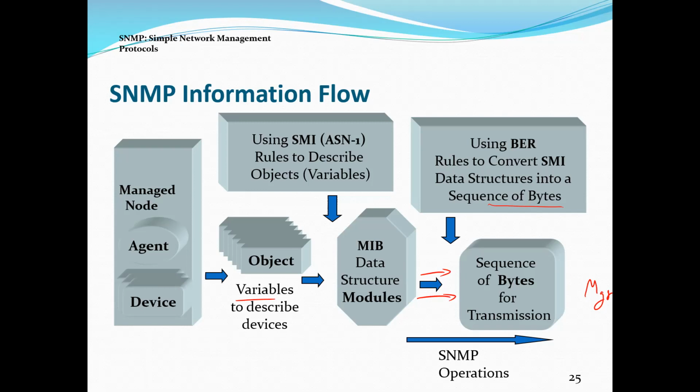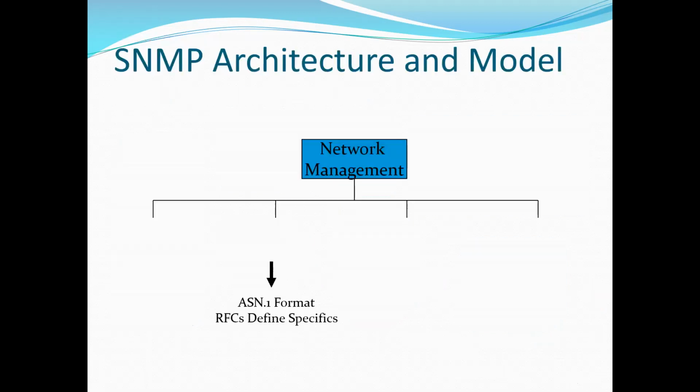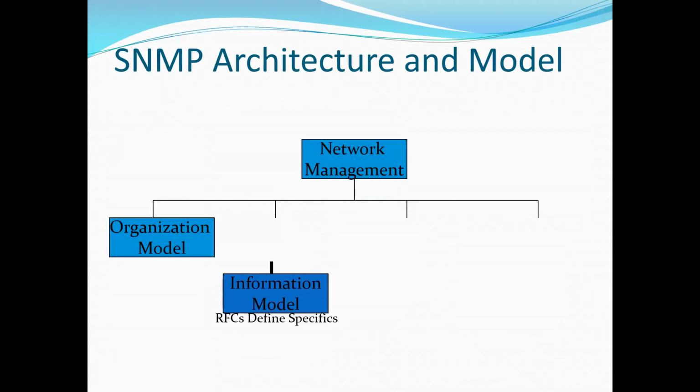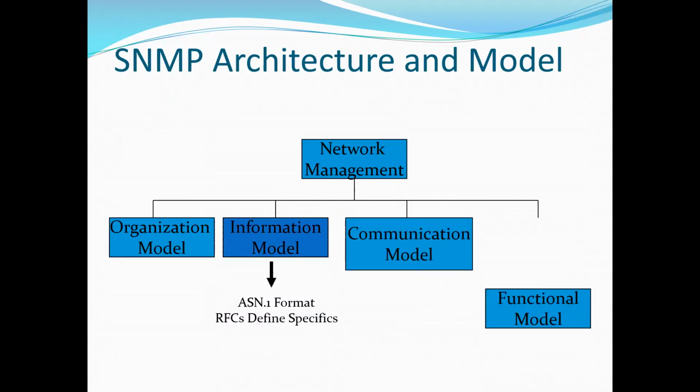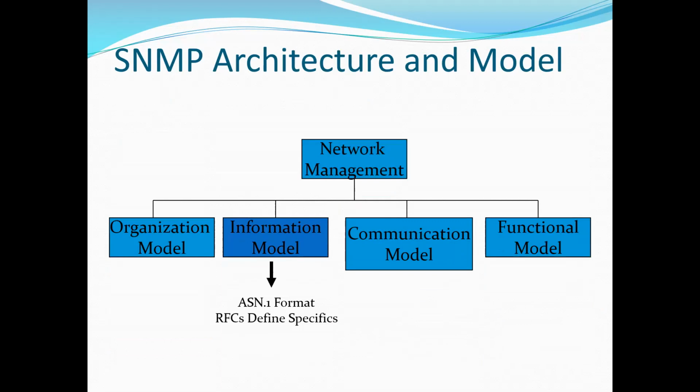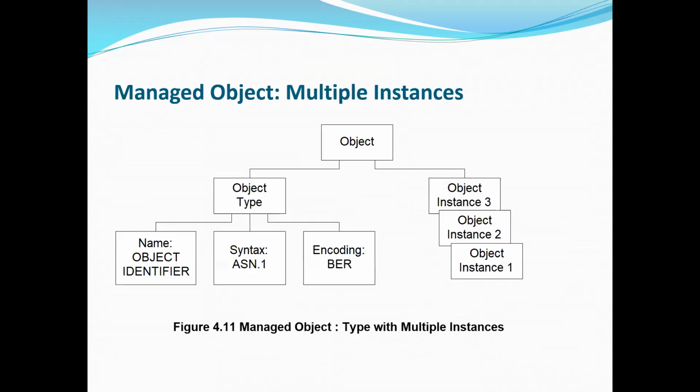We don't really have to, as I said, understand that too much, just be aware of all this that's happening behind the scenes. So that's then the information model, right? So that's really where we are. And then we can just talk about a few of the other ones as we try to understand the model and the architecture of SNMP.